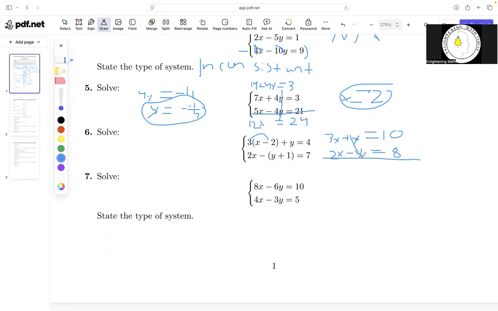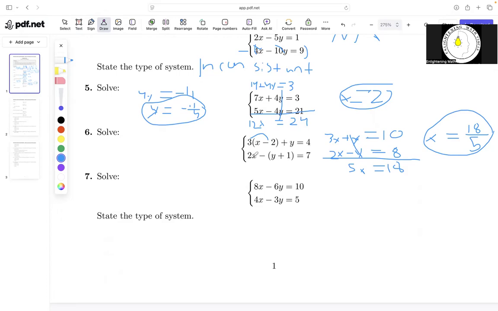So in this situation, once again, the y's will cancel out once we add. So cancel that. 5x equals 18. X equals 18 over 5. And what we want to do from here is we just plug it back in once again.